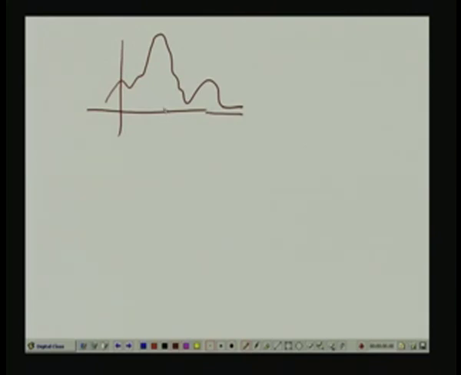Suppose I am getting waveforms like this, a particular waveform, and I look at a particular time t. This is the waveform x t; I am not writing x t comma s, but it is implied, where s is for the particular experimental outcome.